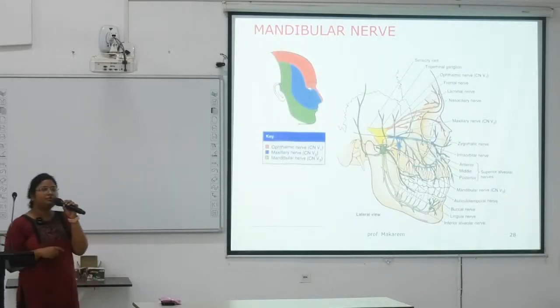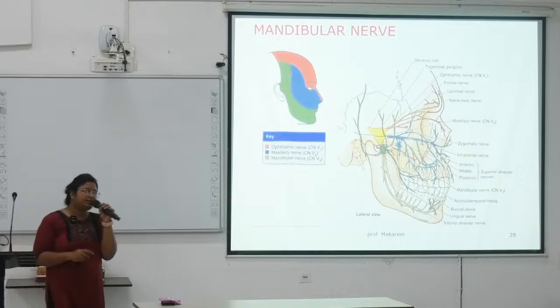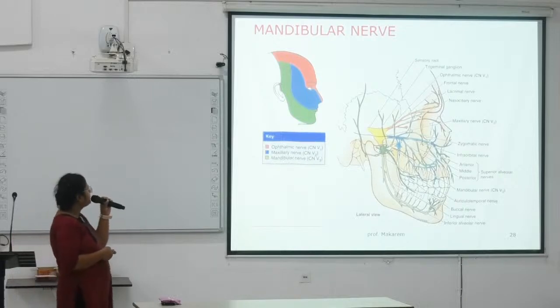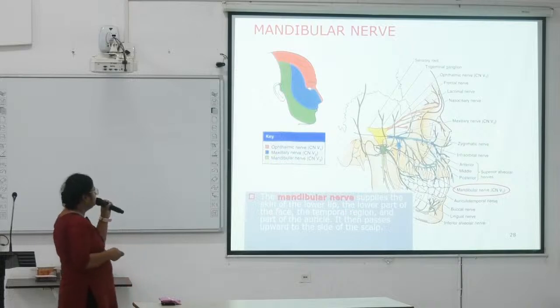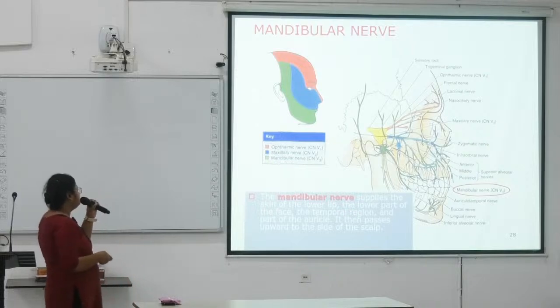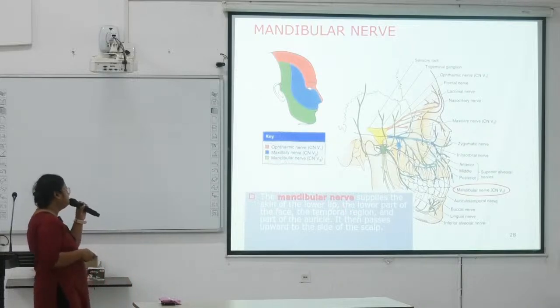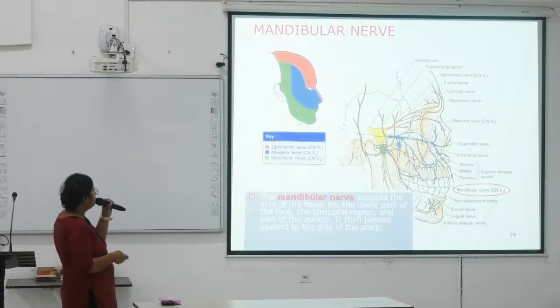Now we will go to the mandibular division. This green colored area is supplied by the mandibular division. It supplies the skin of the lower lip, lower part of the face, the temporal region, and some part of the auricle.